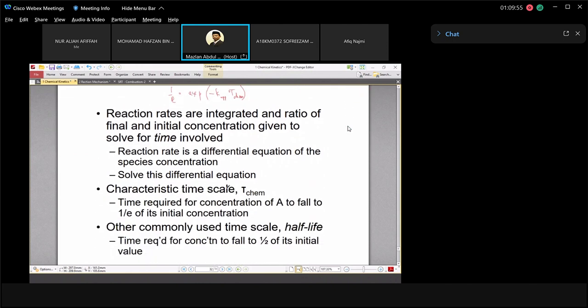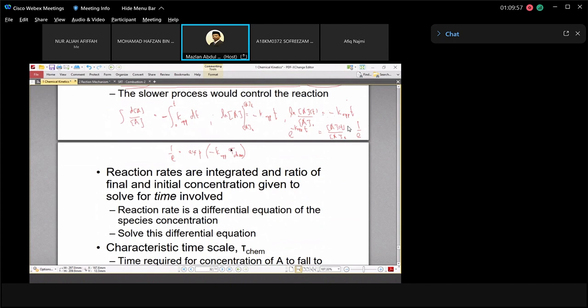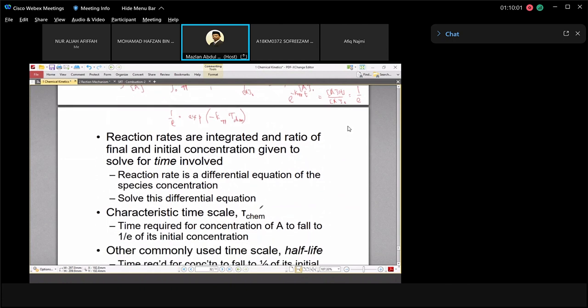Characteristic time scale, tau chemical, this tau chemical here, we call it characteristic time scale. Time required for concentration A to fall to 1/e of its initial concentration.